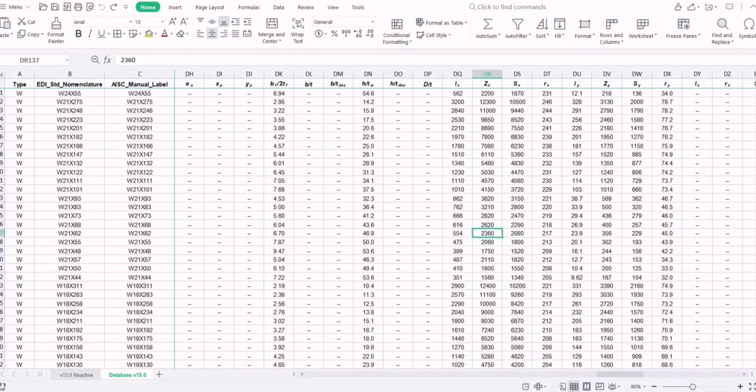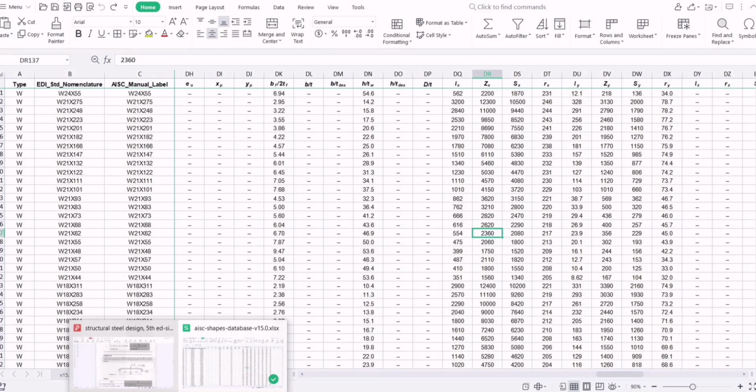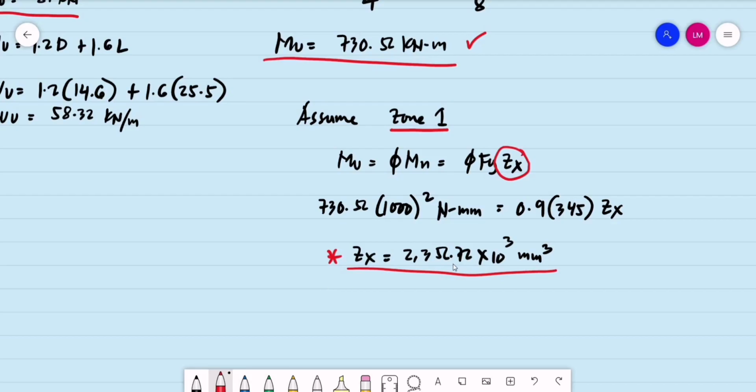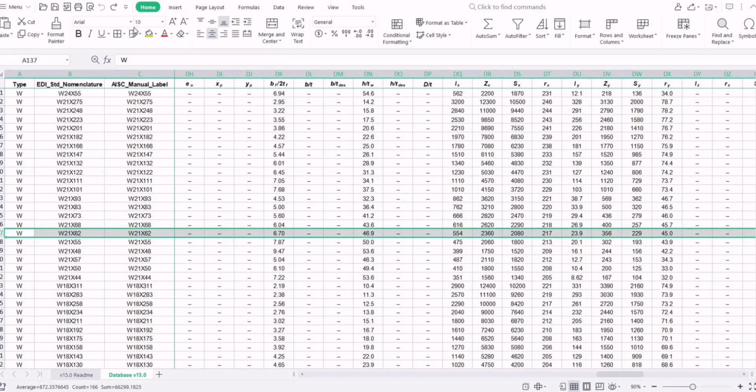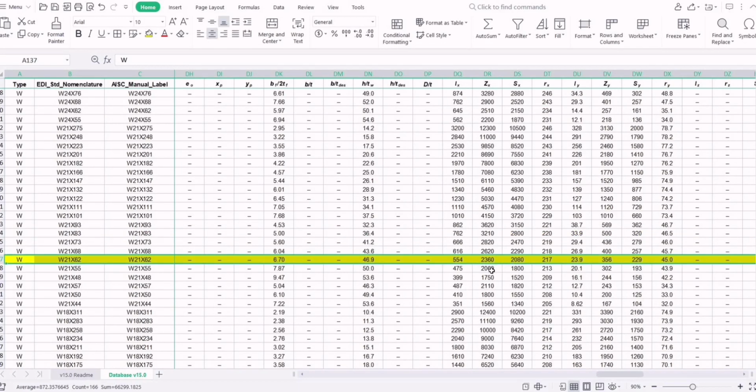So 2352, 2352, then I think we can use this one. So we have a section modulus of 2360 for the section W21 by 62.